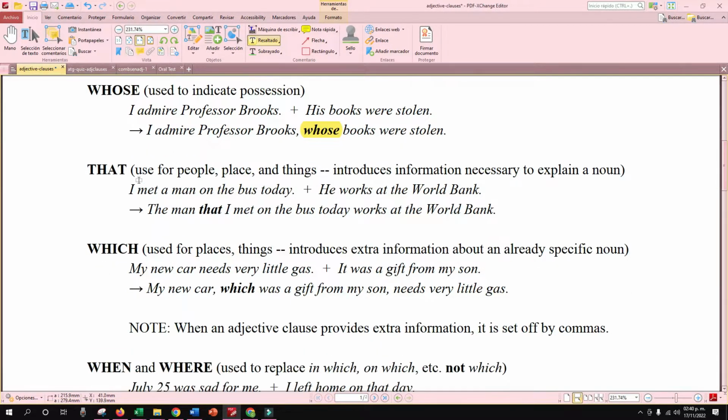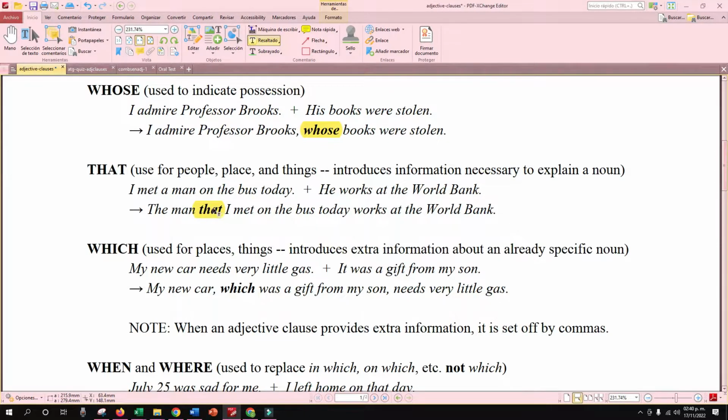Also, you have that, used for people, places, and things. It introduces information necessary to explain a noun. For example, I met a man on the bus today. He works at the World Bank. The man that. So remember that you're going to use this for people, a place, or things, right?